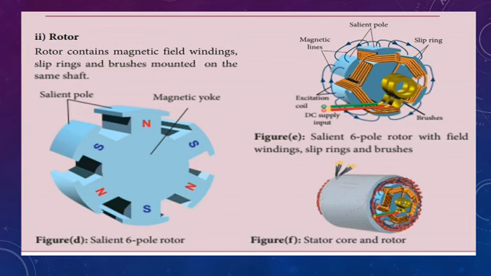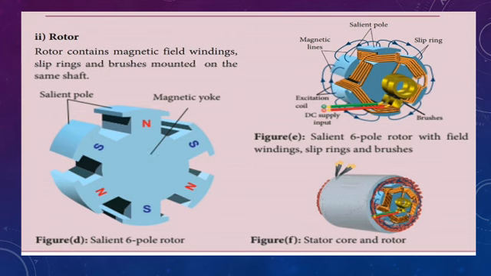This is a 6-pole rotor. Count the poles: 1, 2, 3, 4, 5, 6. These poles are north pole and south pole, and they have a common axis, that is the magnetic yoke.